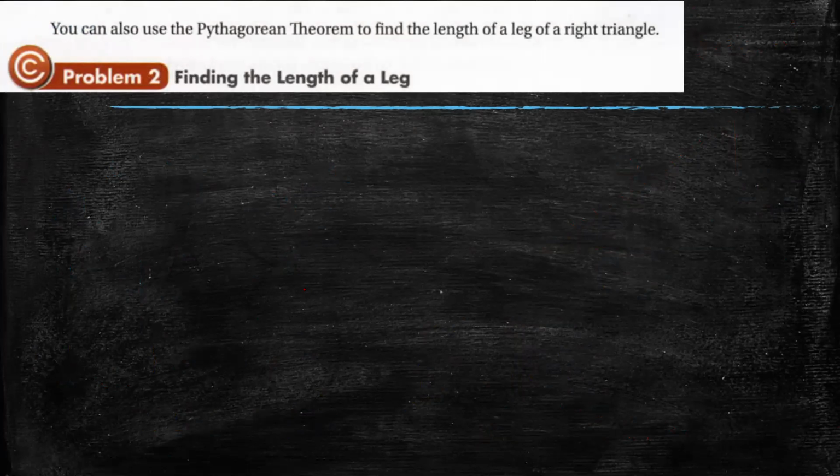Now, you can also use the Pythagorean theorem to find the length of a leg of a right triangle. What does it mean? In the previous problem, we said that if we have the length of one leg and the length of the other leg, and I need to find the hypotenuse, I will use the Pythagorean theorem.